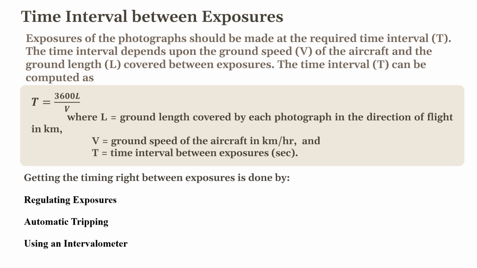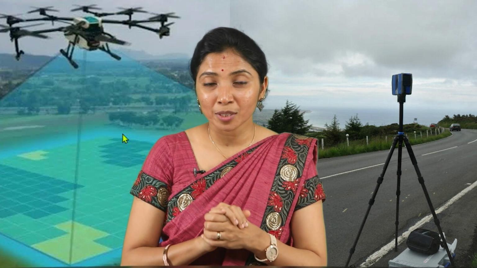This is done by synchronizing the speed of a moving grid in the viewfinder with the speed of the image as it moves across the screen using an intervalometer. This handy device helps to determine the exact time interval between exposures, ensuring everything is timed perfectly. So, by using these methods, you can make sure your aerial photographs are taken at just the right moment, giving you the consistent overlap and quality you need.